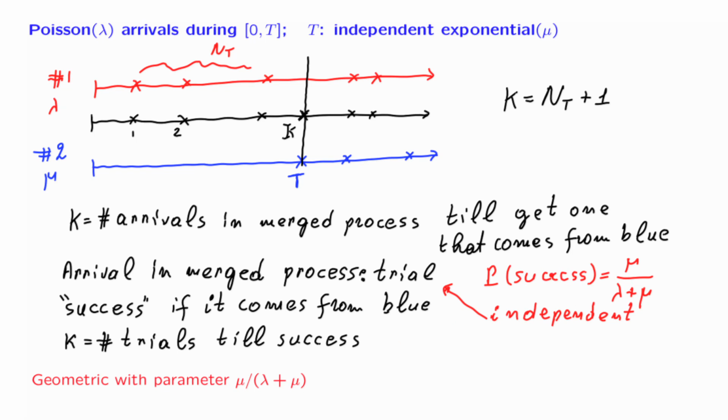This gives us the probability distribution of the random variable K, and once you have the PMF of K, you just shift it by 1 to the left in order to get the PMF of the random variable N_T. And so this is the answer to this problem. The number of arrivals during an exponentially distributed time interval is a geometric distribution that's shifted by 1 to the left.